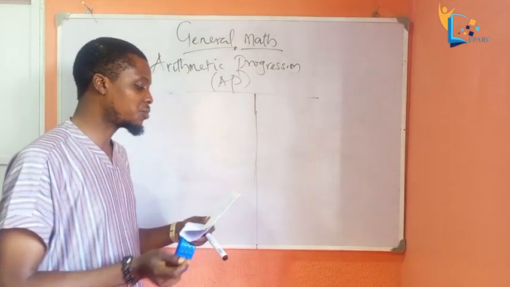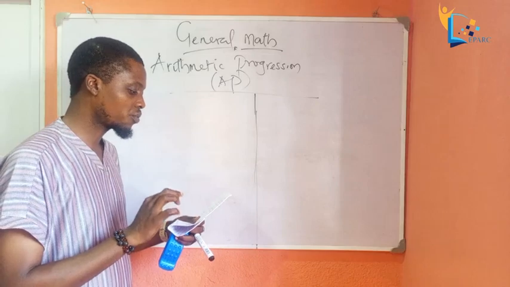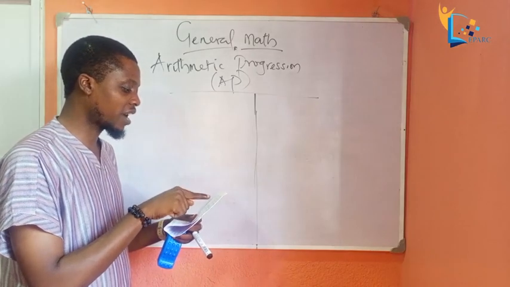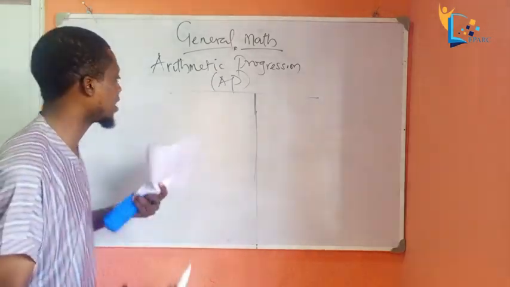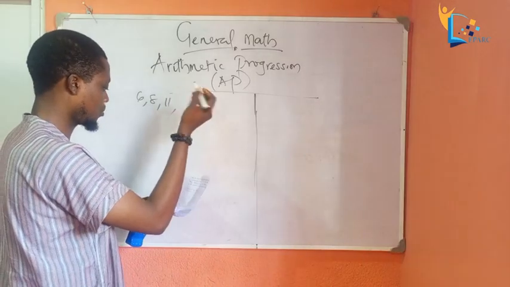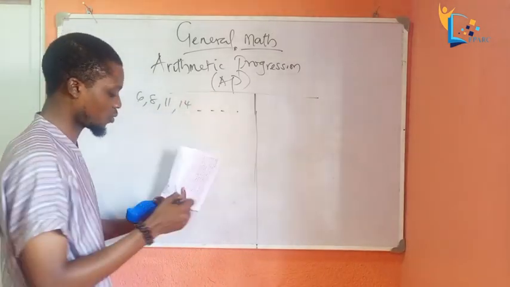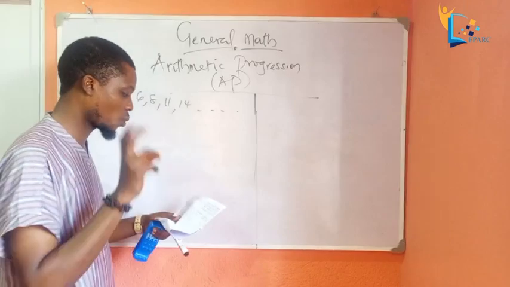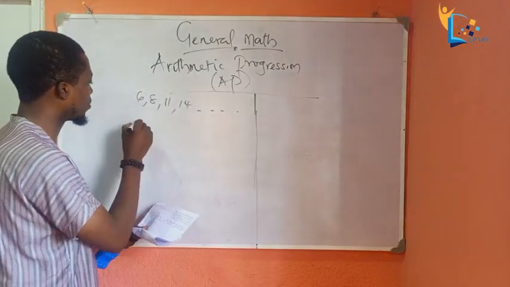All right, so what is the number 1 question here? It says, what is the fifth term of 6, 8, 11, 14, and so on and so forth? So let's apply our formula.